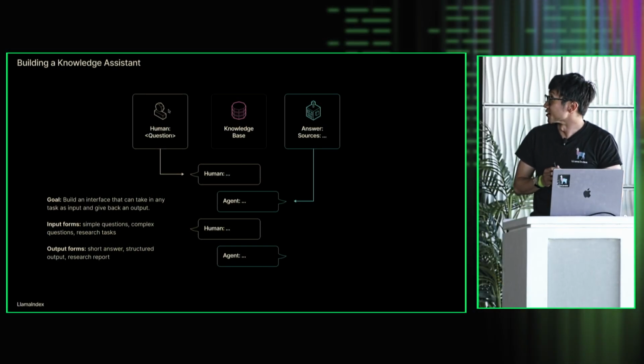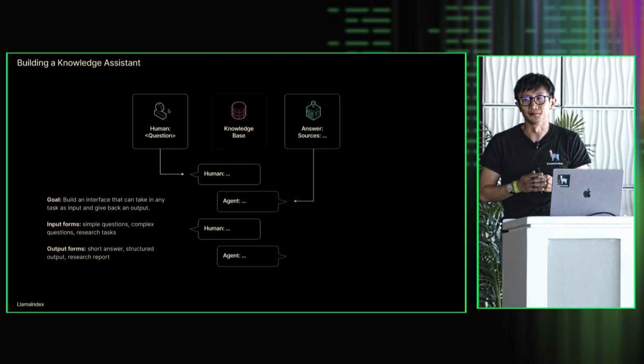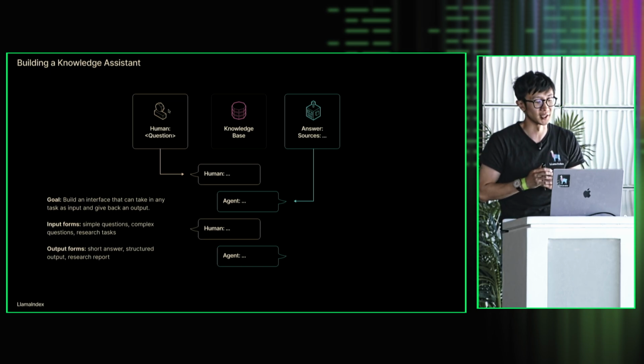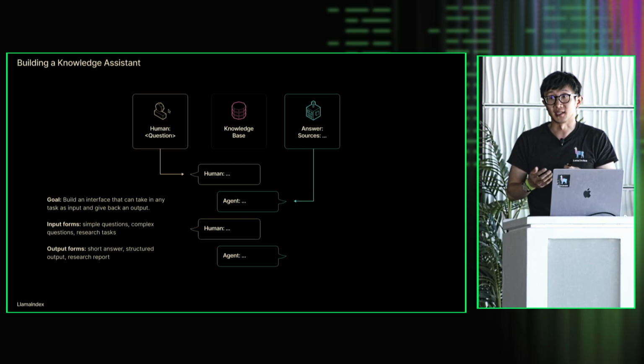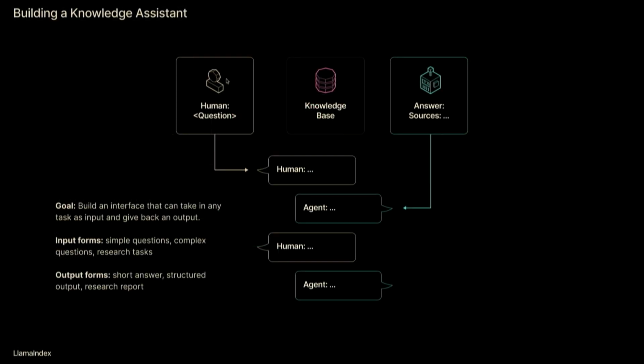Building a knowledge assistant is a very high-level goal: given some data within the organization, it could be unstructured, structured, or semi-structured, take in some input and get back some output. In the standard RAG setup, that input is typically a simple question and you get back a specific response.